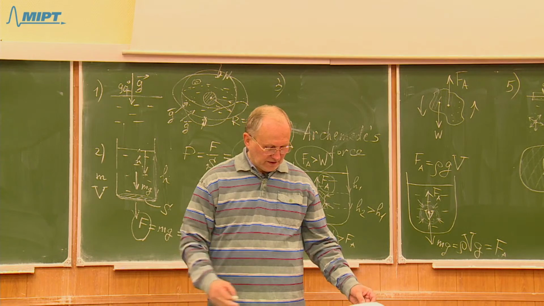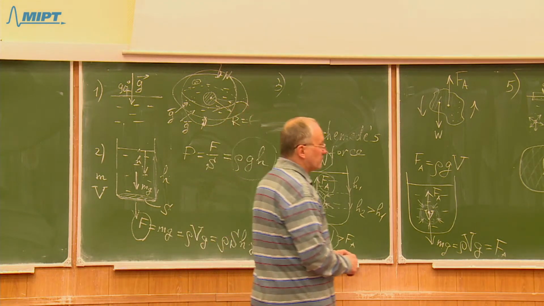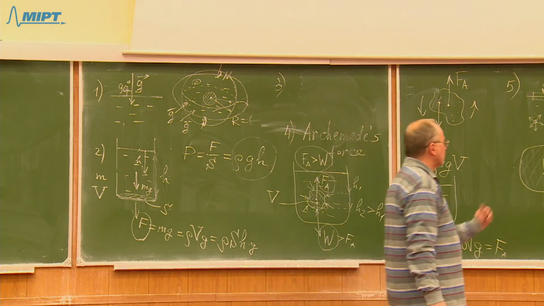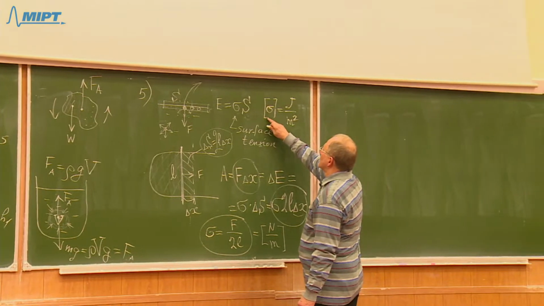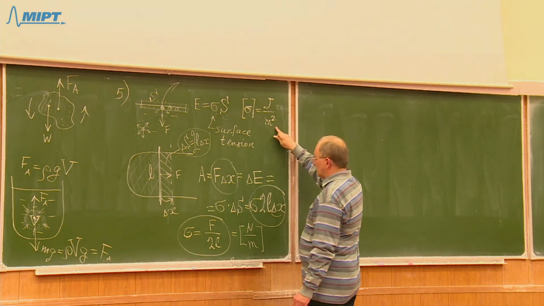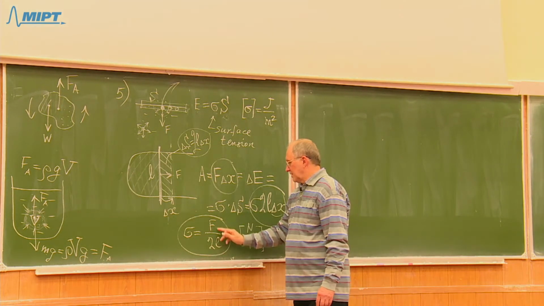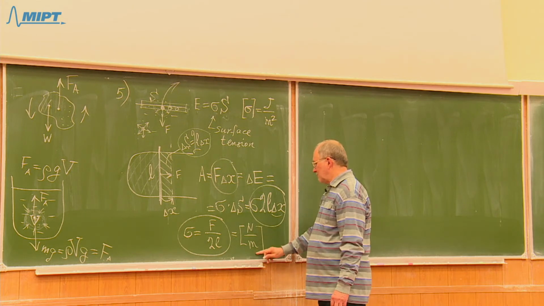Okay, after this short interval, we continue discussing different properties of liquids, and we came to the conclusion that in one case this surface tension is measured in joules over meter squared, and in another case, the same physical quantity is measured in newtons per meter.